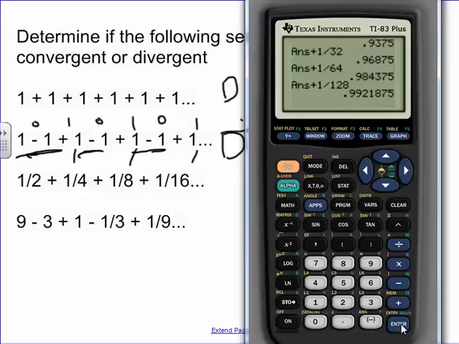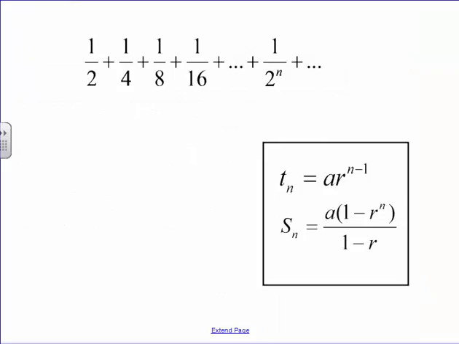Add the next number, 1 over 128. Hopefully you see what's happening. This is getting really close to a number. That number is, pause for dramatic effect, the number 1. As I keep adding these next numbers, if I add 1 over 512 and 1 over 1024, or whatever it is, I'm not adding very much anymore. The amount that I add is very inconsequential, very similar to Zeno's paradox.